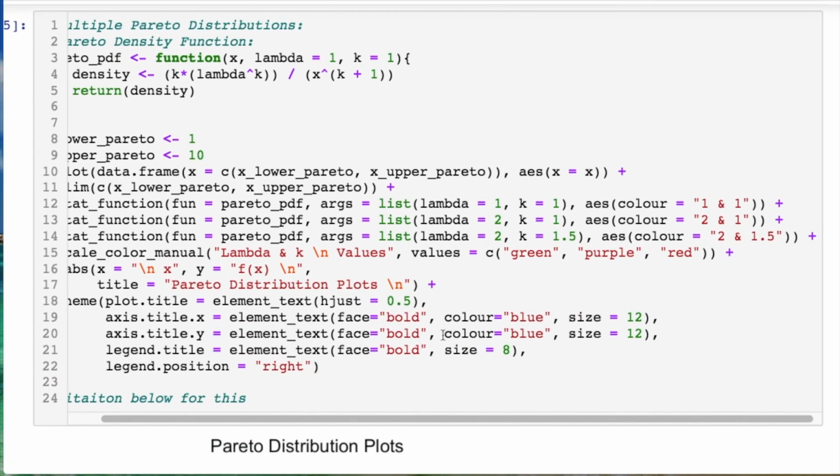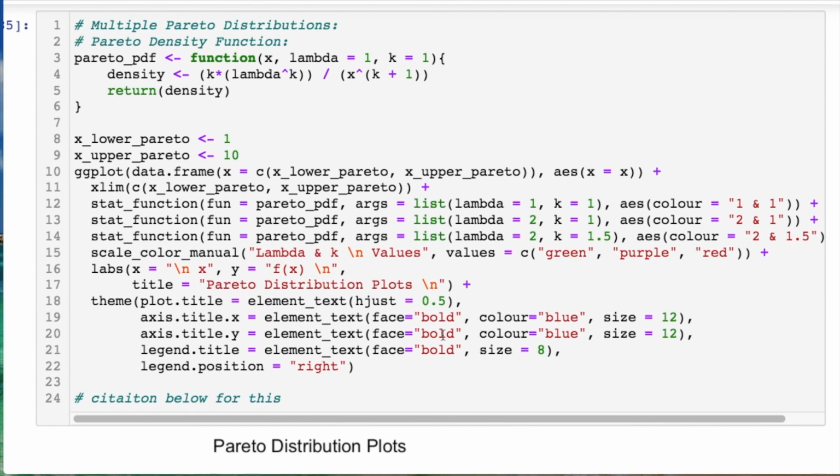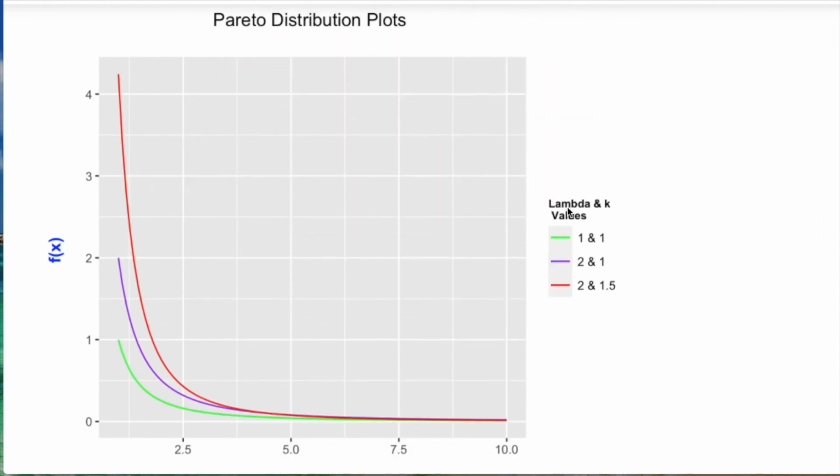So there's a lot of code for this one. Not sure if you want to pause that, but feel free. But let's just get an idea. As you increase your lambda and your k, in this instance, you can say that your alpha, which is going to be your slope, and this will be the k for this process, gets a steep drop off as you increase it, okay? So this is increasing and it gets this steep drop off, and your scaling is just moving it to the right.